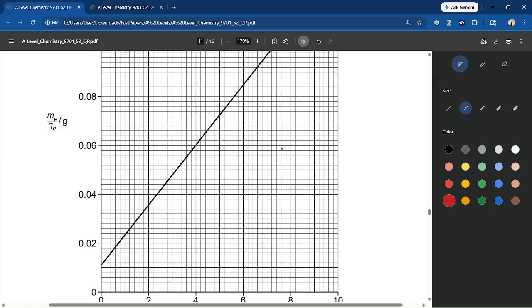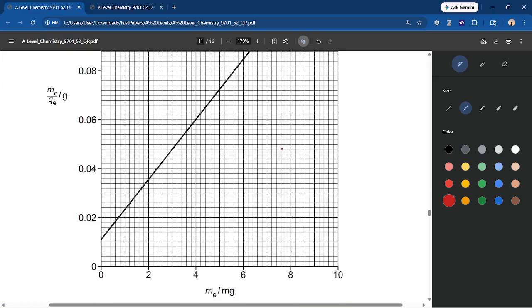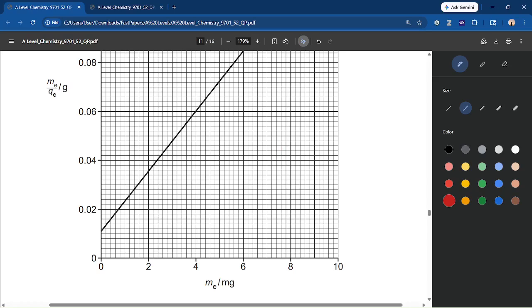And the other one that we're going to take is something that intersects neatly. So how about this one over here? How about this one over here? So this is 0.2, 0.46.